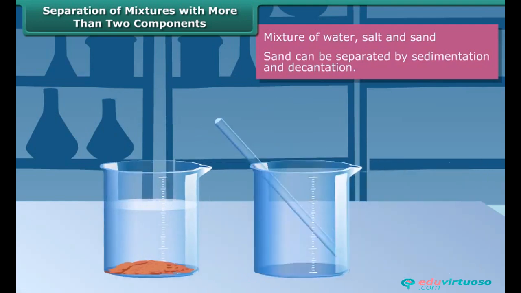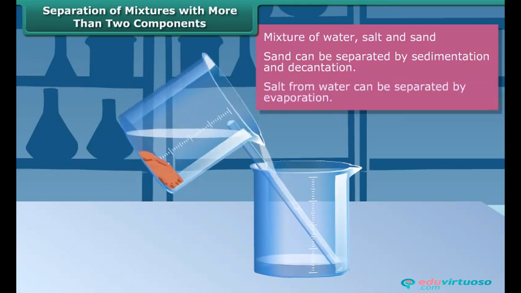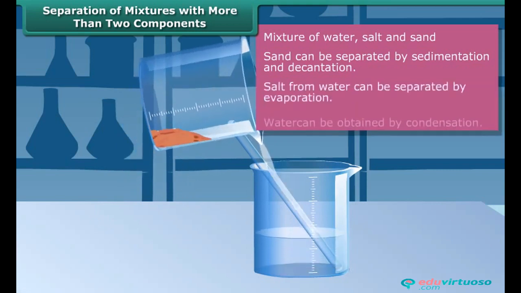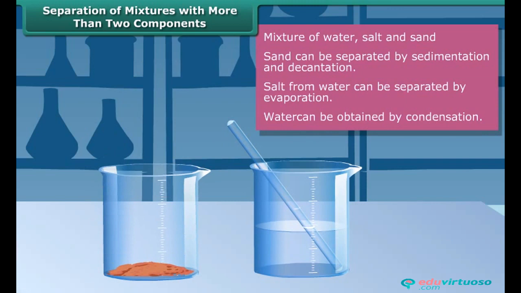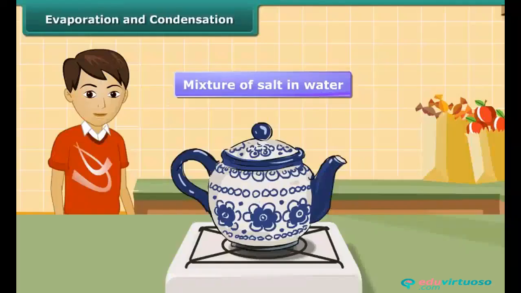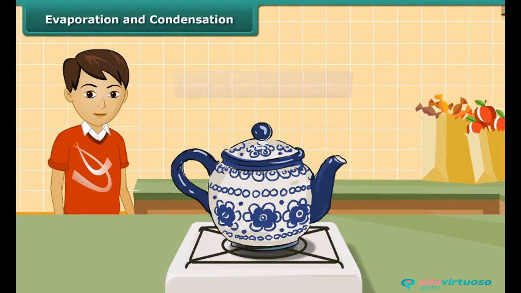Now, salt, being soluble, is completely dissolved in water. This is separated through evaporation and condensation. Let us look at what we mean by these two terms. When we have a mixture of salt in water to separate, we take the solution in a kettle and cover it with a lid.